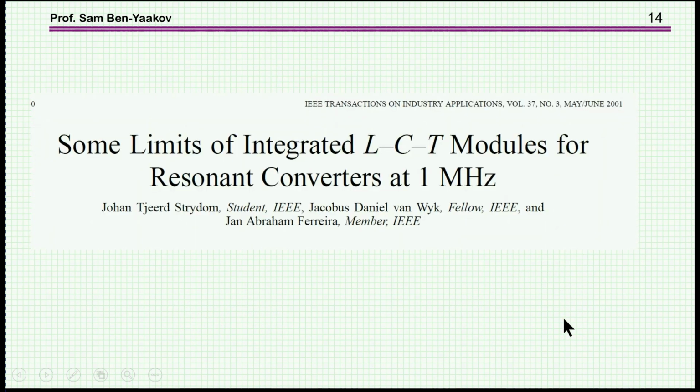Now, throughout the years, this idea of combining capacitance and some other feature into one structure has been explored by many groups and many investigators in many labs around the world. One group, headed by Professor Daniel van Wyk, worked on this subject for many years. Here is just one paper from 2001 in which they show how to combine the inductance, capacitance, and transformer into one unit.